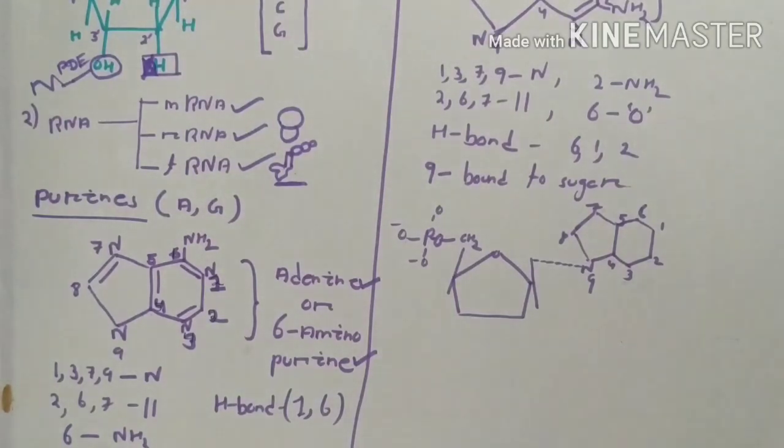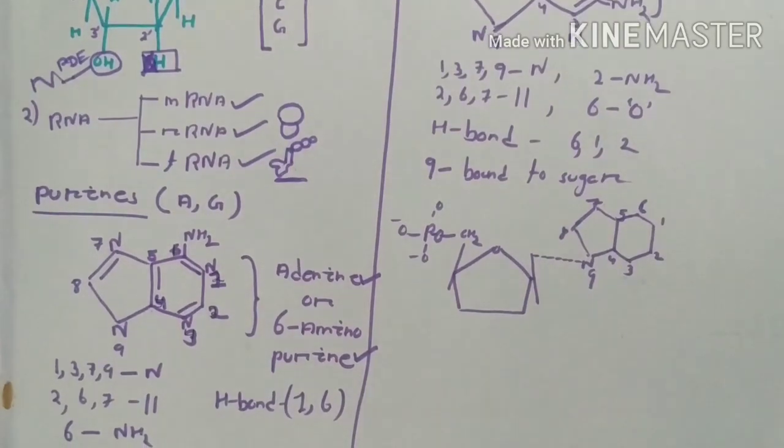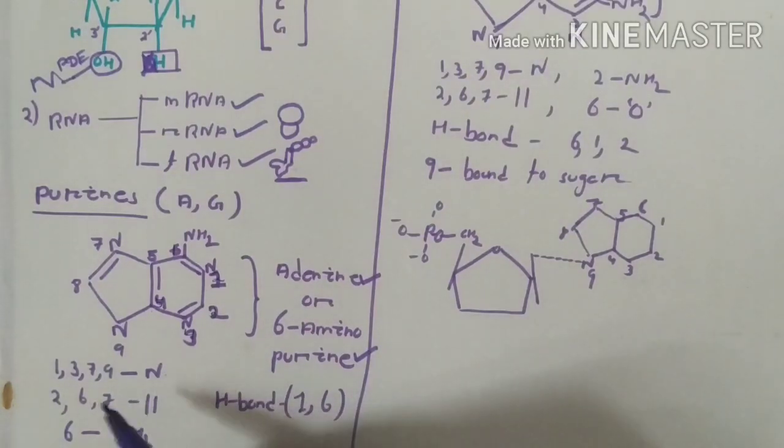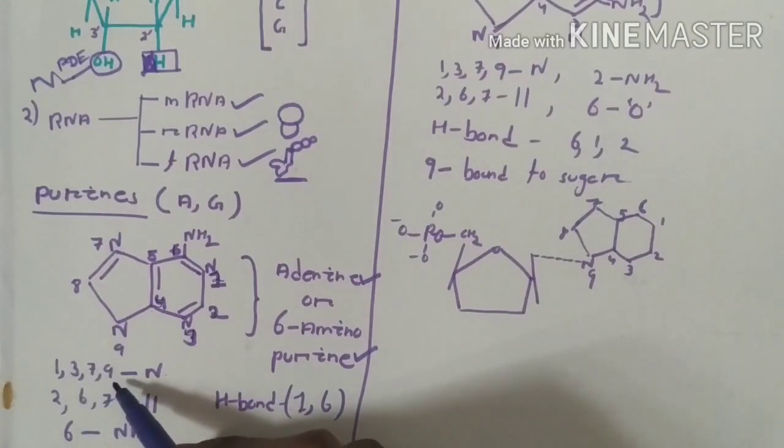So what are the structural details of adenine? The nitrogen atoms, this is important from the CSIR point of view, are present in the 1, 3, 7 and 9 positions.